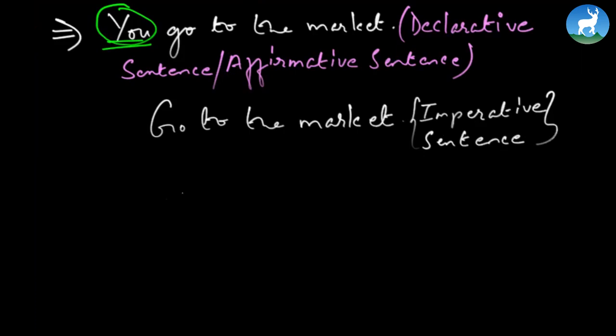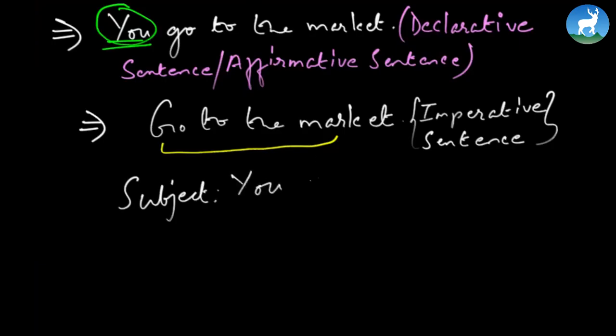But of course do understand here, if the question is to find out the subject and the predicate, don't forget that the subject here is hidden. Go to the market, just that you is hidden. If you omit you and make another sentence, go to the market, this becomes an imperative sentence, but of course here the subject, you, is hidden. We'll have to understand it that way.